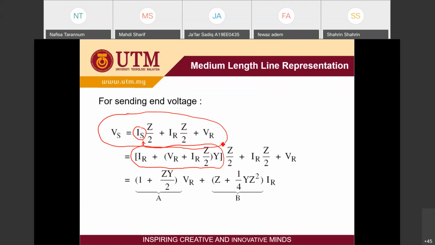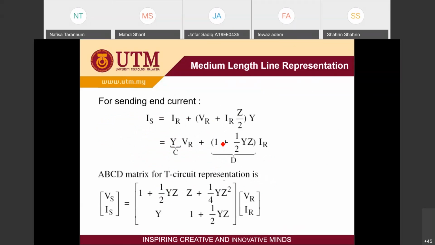The same goes for the relationship between IS with VR and IR. You can always refer to the circuit to obtain this relationship. Finally, the T circuit representation matrix is this one. But please don't be afraid, I have been informed that this matrix will be given in your test and also your final exam.